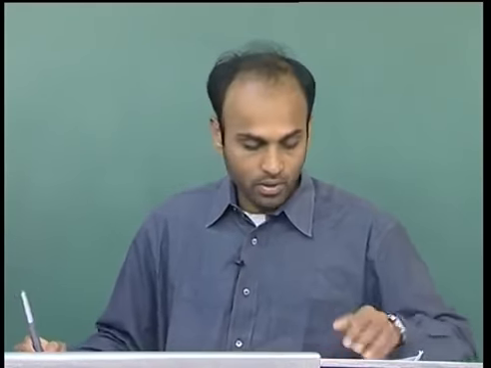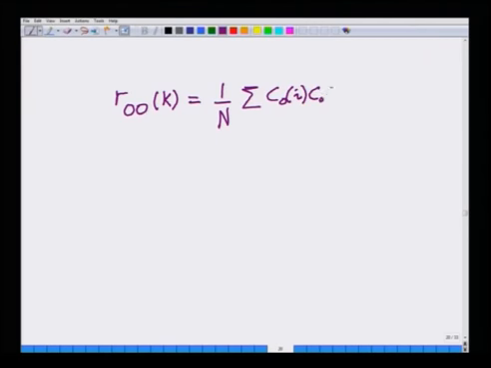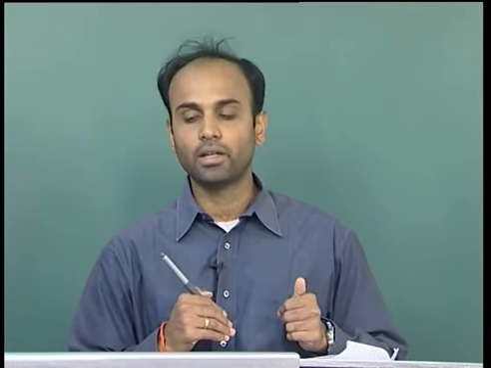So let us start with the correlation. Let me define R00 of k, that is for some lag k the self correlation of sequence 0 with itself, as 1 over n summation C0i into C0(i+k). That is, I am looking at the self correlation of the chip sequence and the chip sequence shifted by k. Alright.